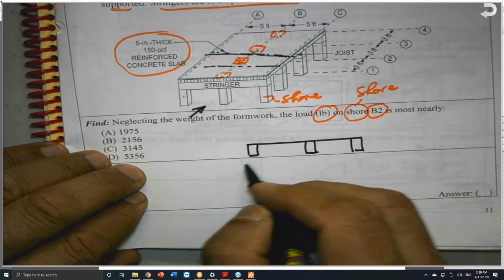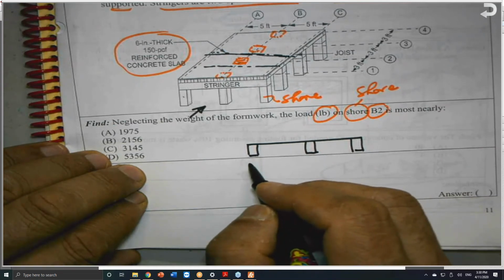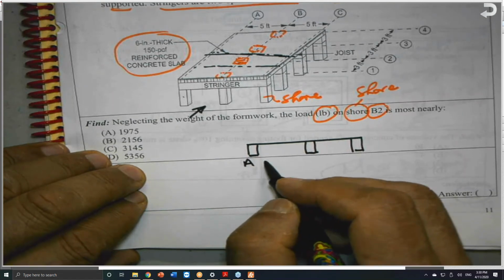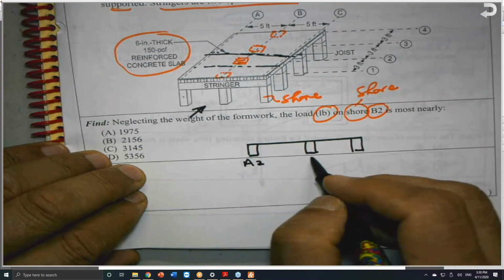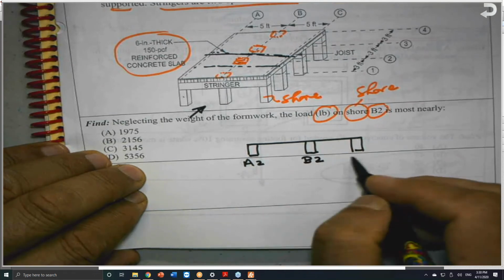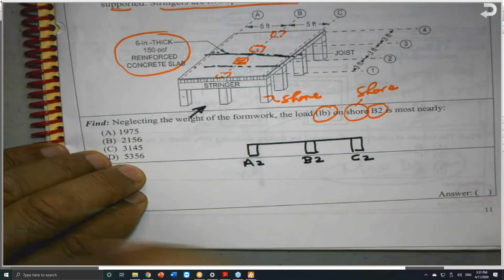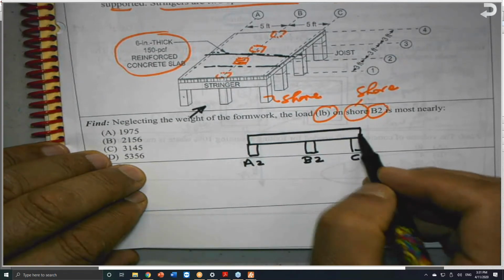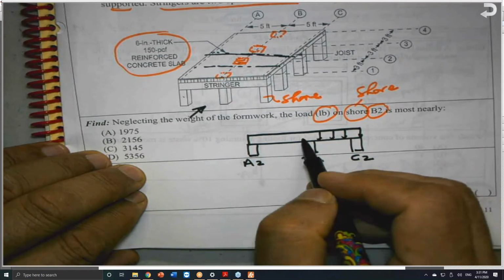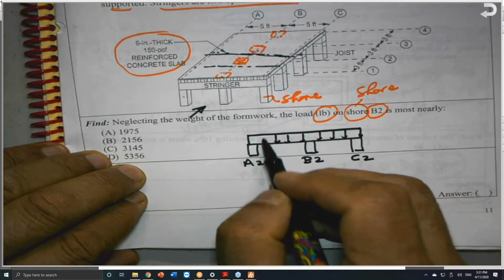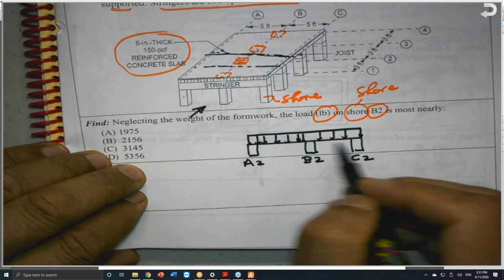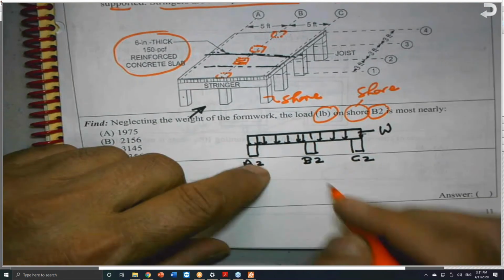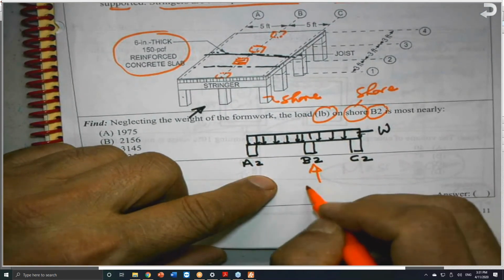This is A2, and this is B2, and this is C2. I need to get this load here as a distributed load. If I can get this load W, I can get the reaction easily. I need to get the reaction here. This is the reaction at B2.